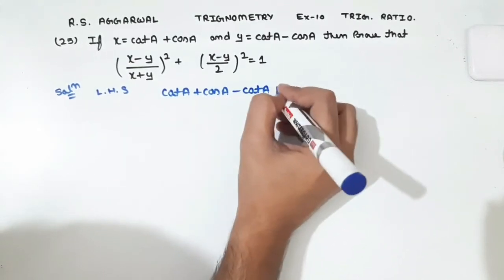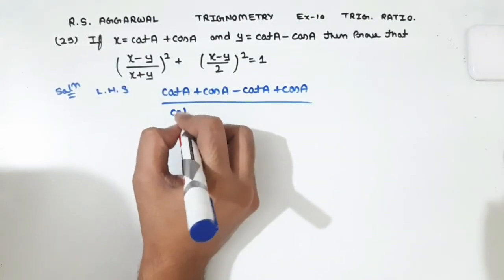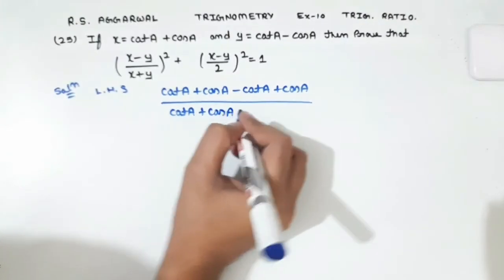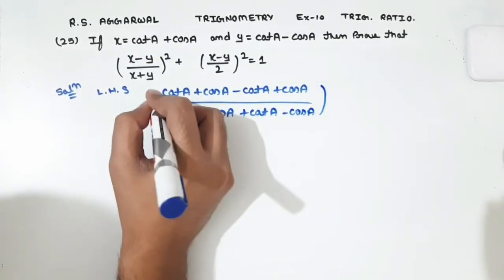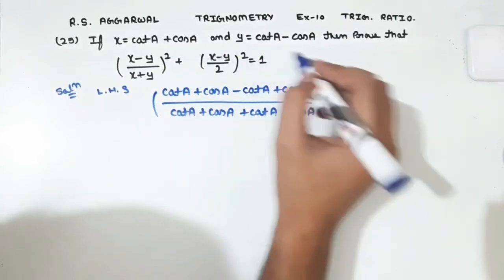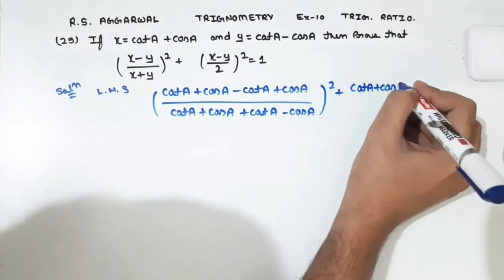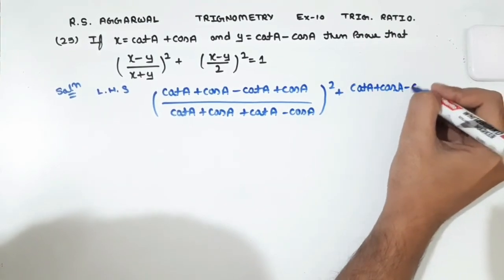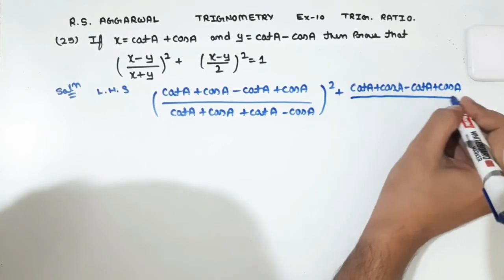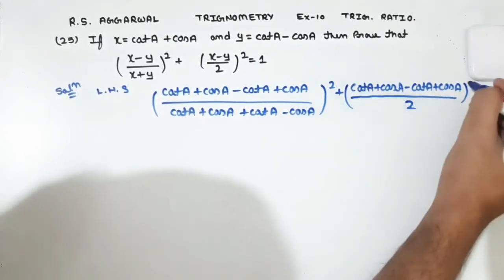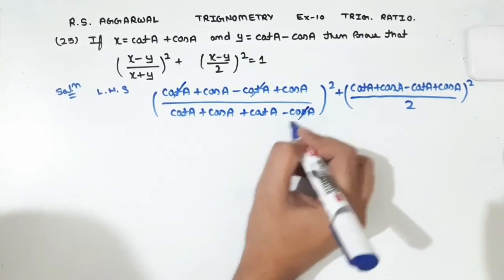Minus cot a plus cos a upon cot a plus cos a plus cot a minus cos a whole square plus x minus y, so cot a plus cos a minus cot a plus cos a upon 2 whole square. Cot a will be cancelled out and here cos a.